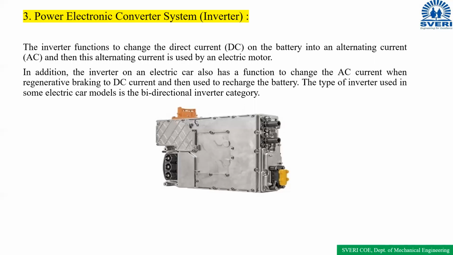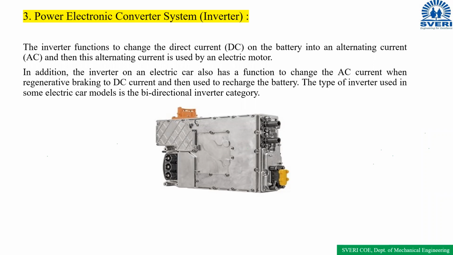Position of the vehicle is nothing but sometimes we need to increase the speed of the vehicle, sometimes we need to decrease the speed of the vehicle. So that time we need to control the power also. Accordingly, the power converter will provide the power to the electrical motor depending on how much speed is required, how much speed is decreased, how much speed is increased.